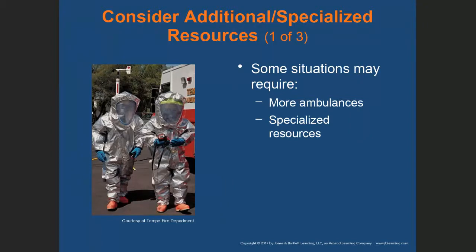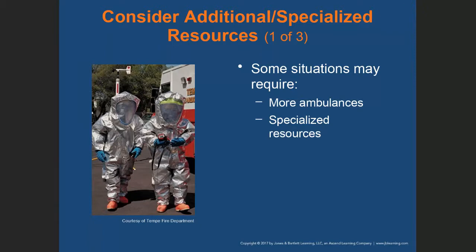Determine the mechanism of injury or nature of illness. Do you have more than one patient? If yes, does it exceed your available resources? If you're the first unit to arrive on location, you will start the triage process, which is sorting patients based on their priority. If it's one patient, you take your traditional approach.